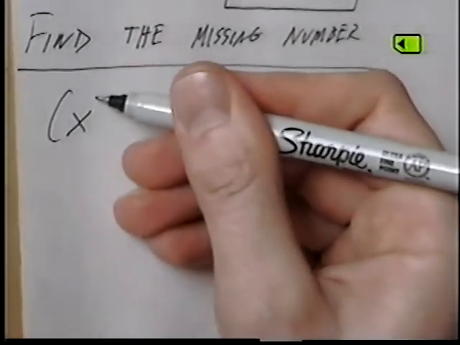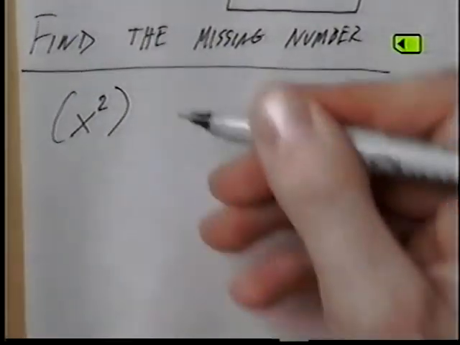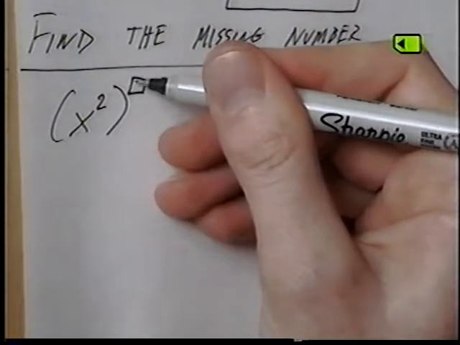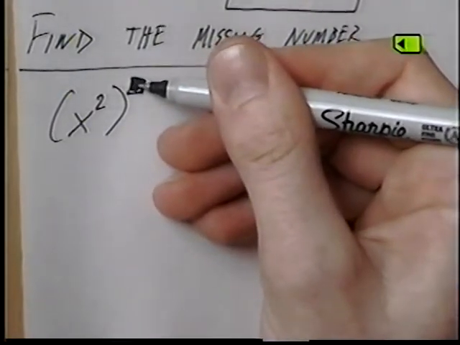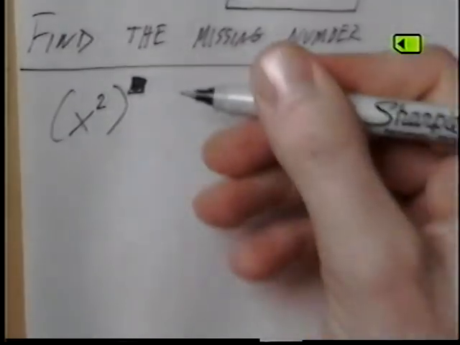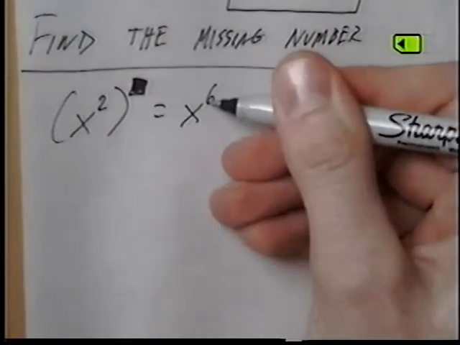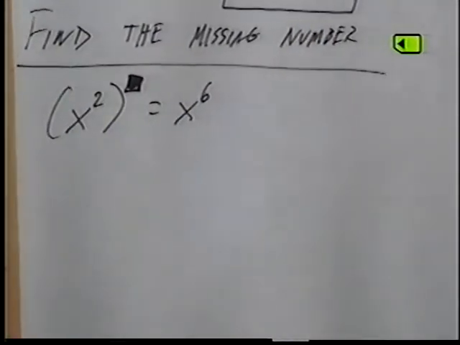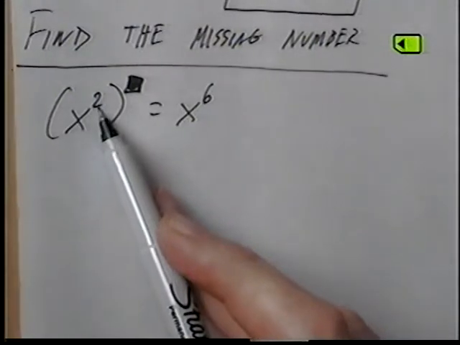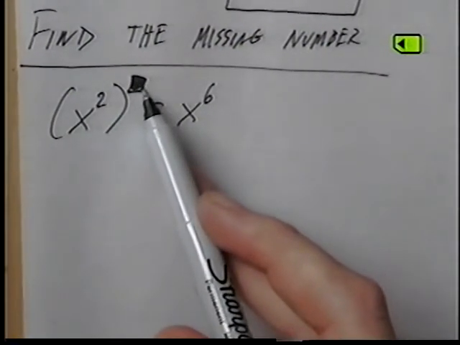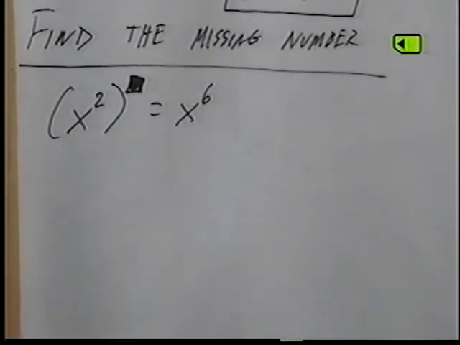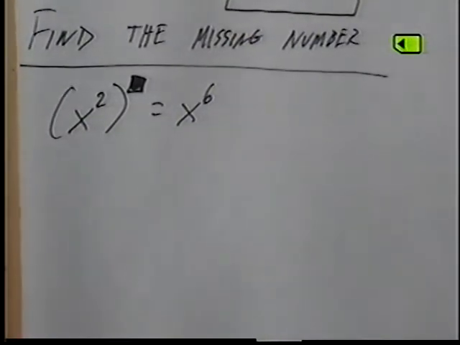Inside parentheses we'll have x squared. Outside parentheses we'll have a box shaded in, which we must find out which number goes in that box, equals x to the 6th power. So in this question you have x to the 2nd power raised to some number that we must find, and we know the answer is x to the 6th.